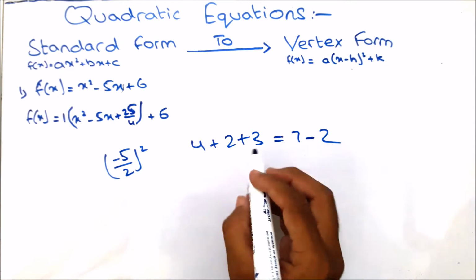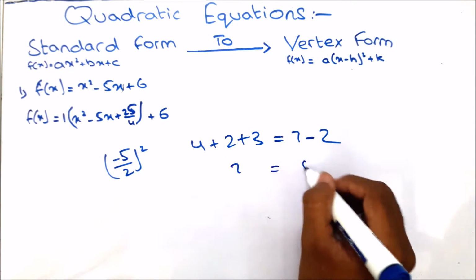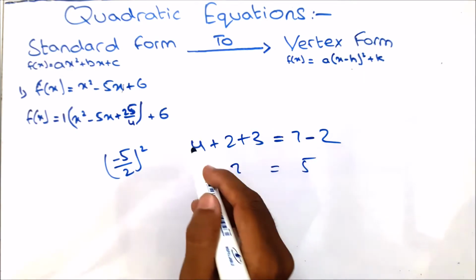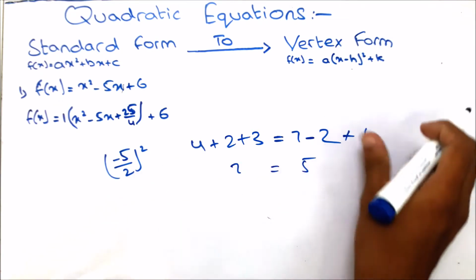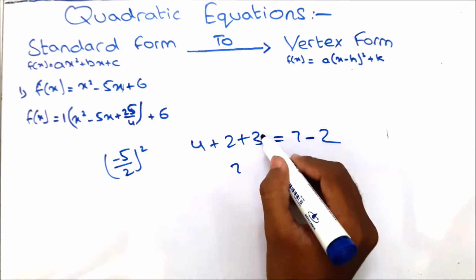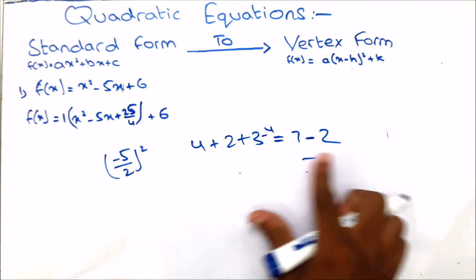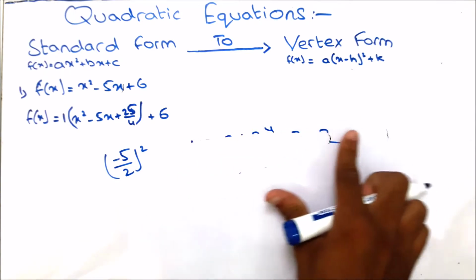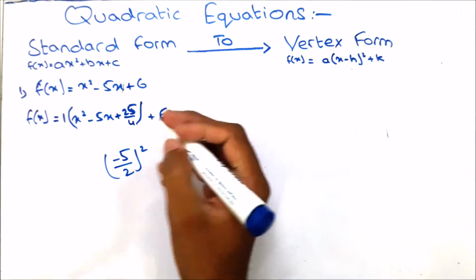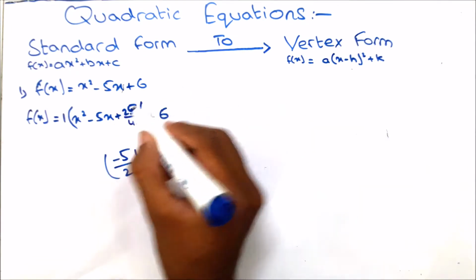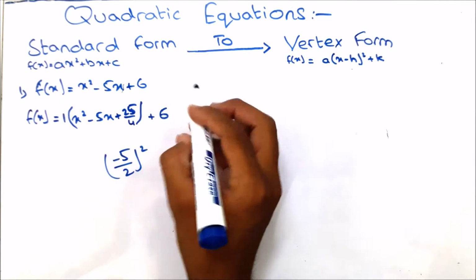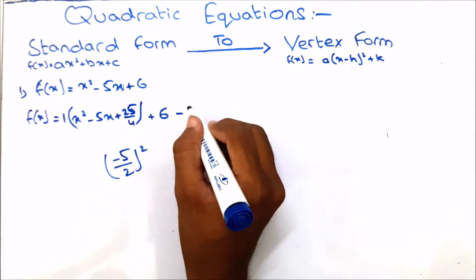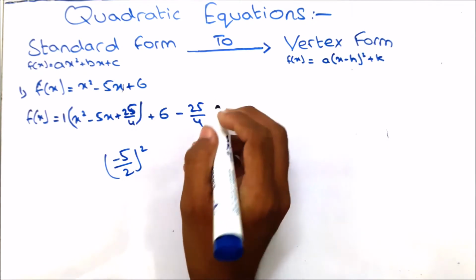This will become equal to 7 and this will equal 5, so that's not fair. If I add 4 over here, I'll have to add 4 over here as well, or if I don't add 4 over here, I'll have to subtract 4 over here as well to make it even. So I'll subtract 25 divided by 4 over here to make it even. Minus 25 divided by 4.